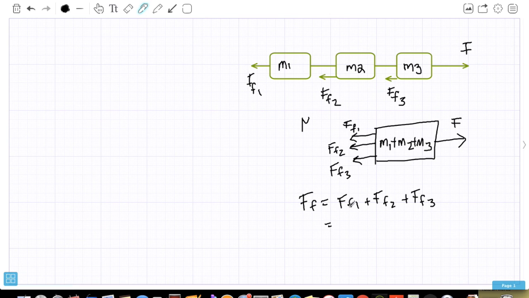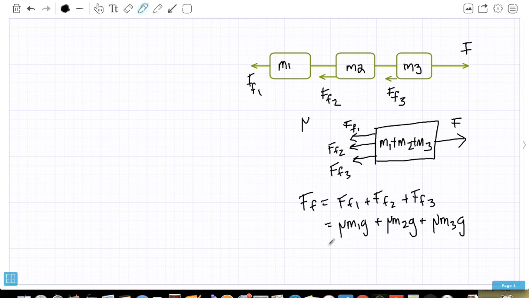And if we expand these, we know that FF, the force of friction, is also equal to mu m1g, because that's acting on mass 1, plus mu m2g plus mu m3g.